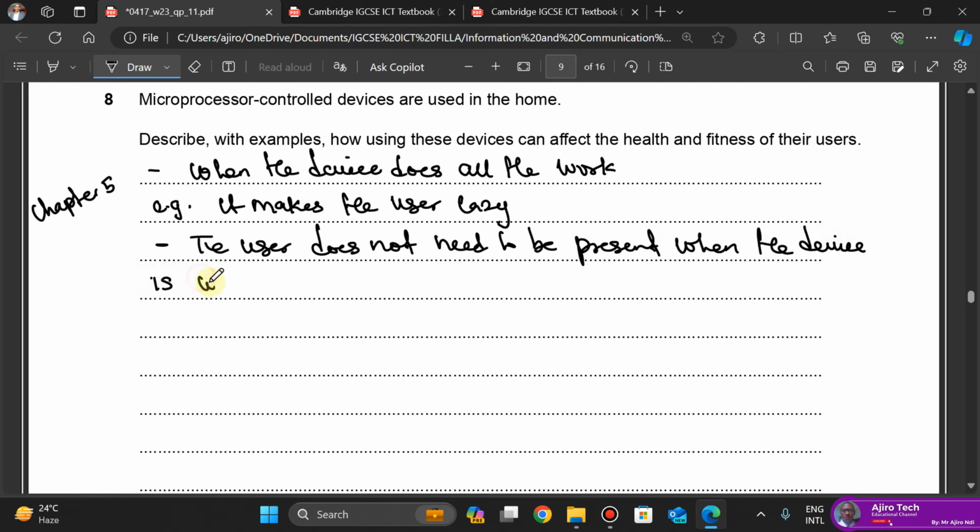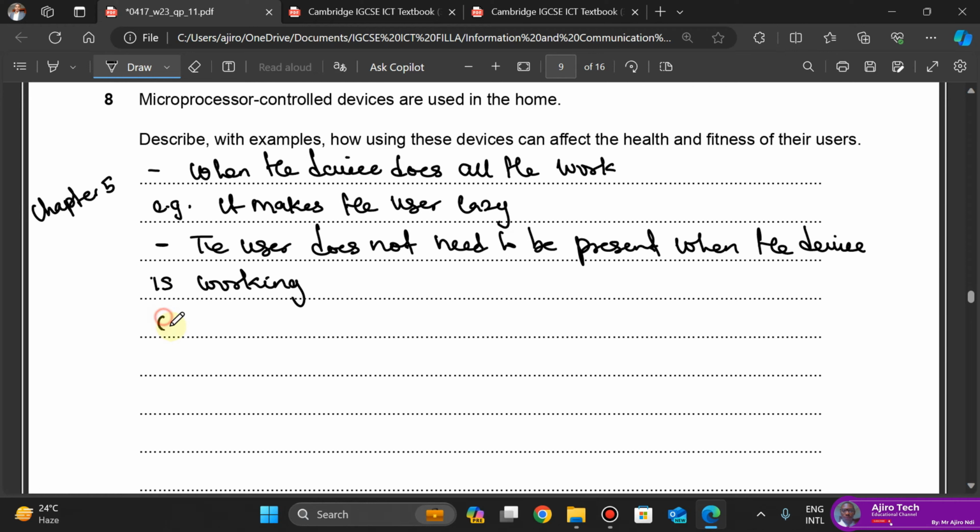You see that people can just, right from their office, know who is in the house or is knocking at the door, because we have microprocessor control devices where they can just use their smartphones to see who is at their house with CCTV cameras.